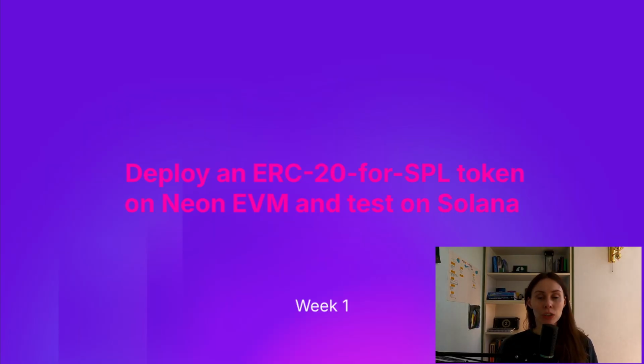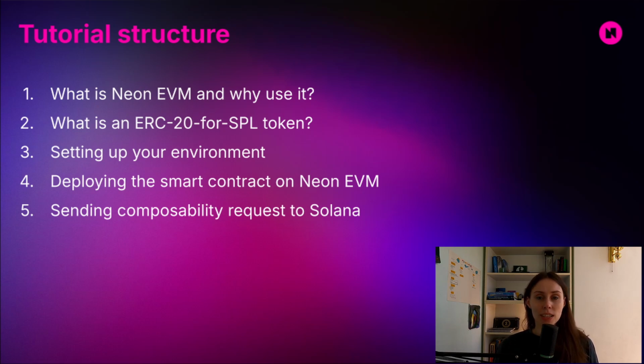Today we are going to concentrate on ERC-20-for-SPL token. We'll deploy it on Neon EVM and test it on Solana. So the structure of the tutorial is pretty straightforward. We'll look at what Neon EVM is and why it is used. Then we'll go into the details about the ERC-20-for-SPL token. We'll see how it's different from an ERC-20 token and how to work with this token on Solana.